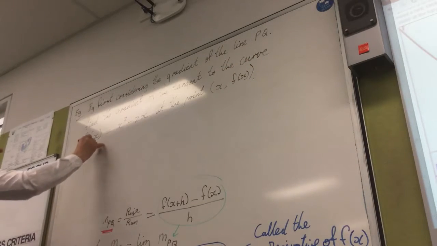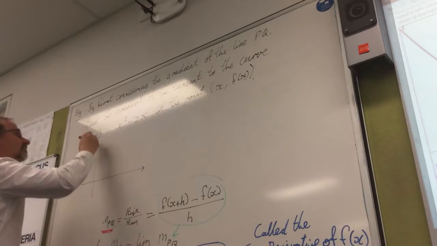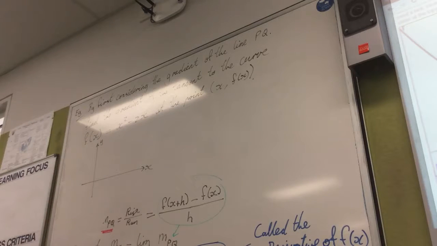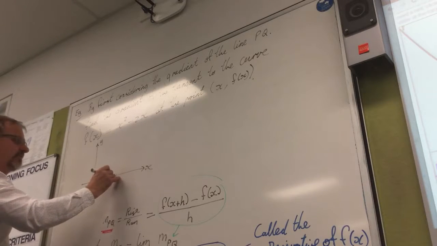All right, I'll do a rough sketch of this. So x squared minus 2x will have intercepts at 0 and 2.